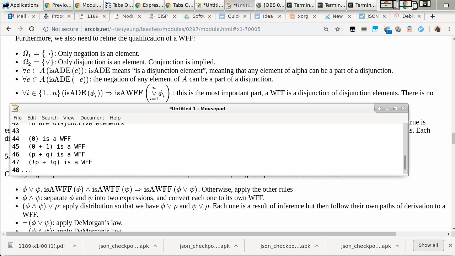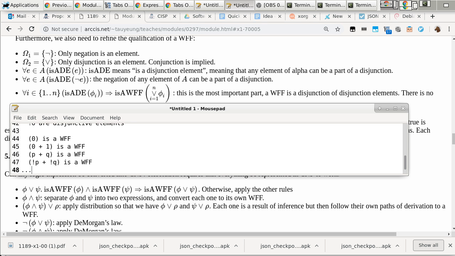Okay? That's it. Why are single elements well-formed? Is it just because if you had i going from 1 to 1, it would count? Because you can always make it well-formed. If you don't like this, make it false or false. You can always coerce it into a disjunctive operator without changing its meaning.